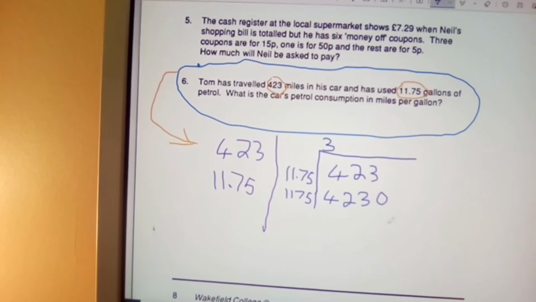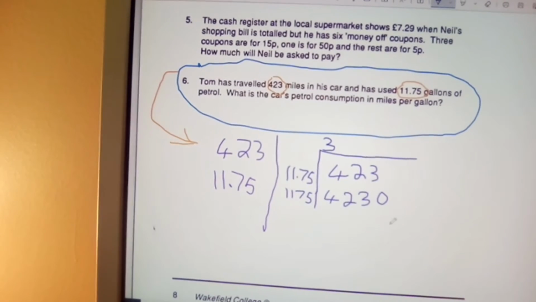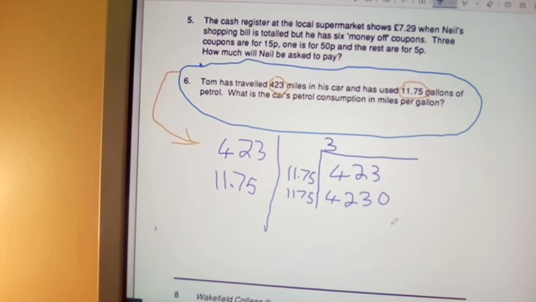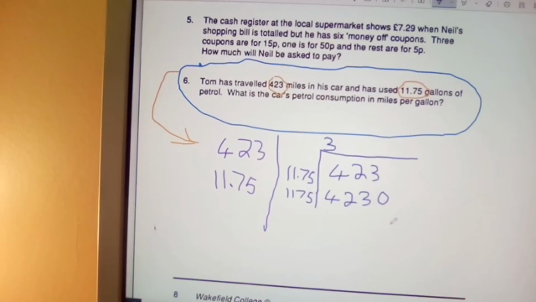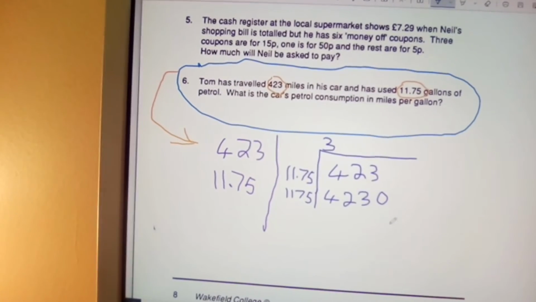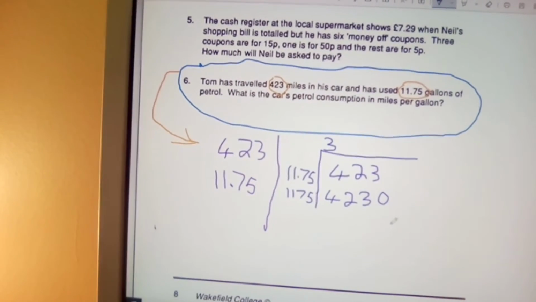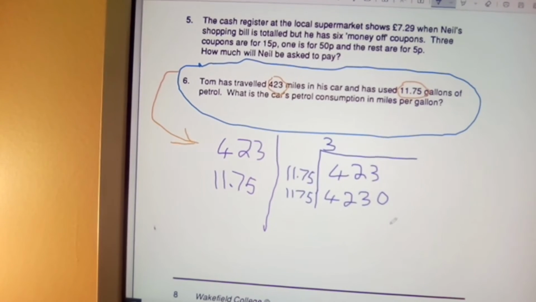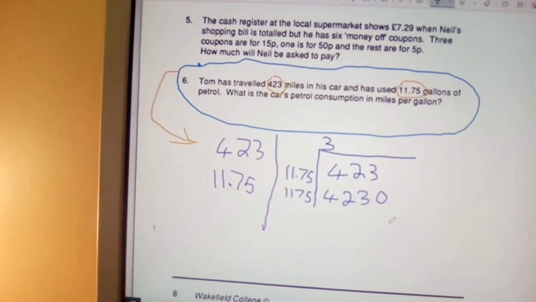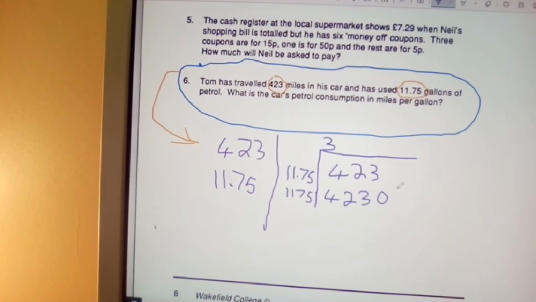The remainder is going to be 705. So the remainder here is going to be 705.